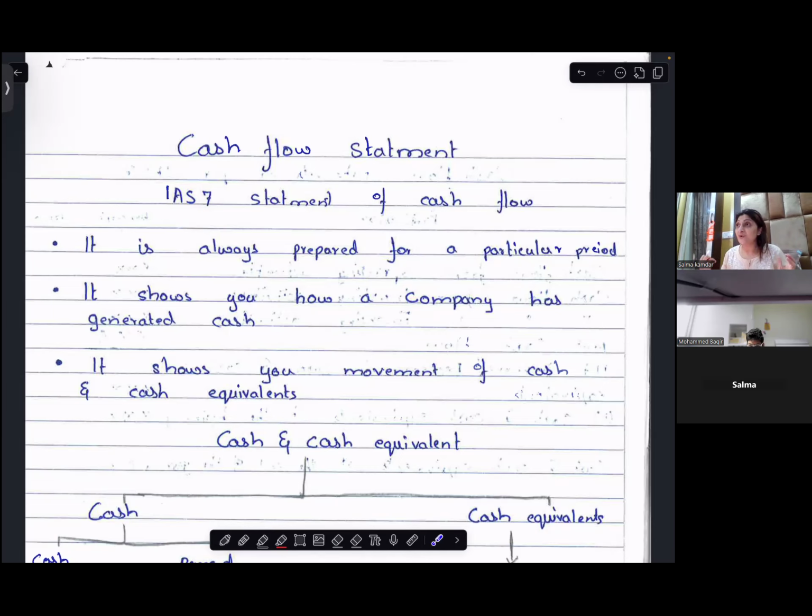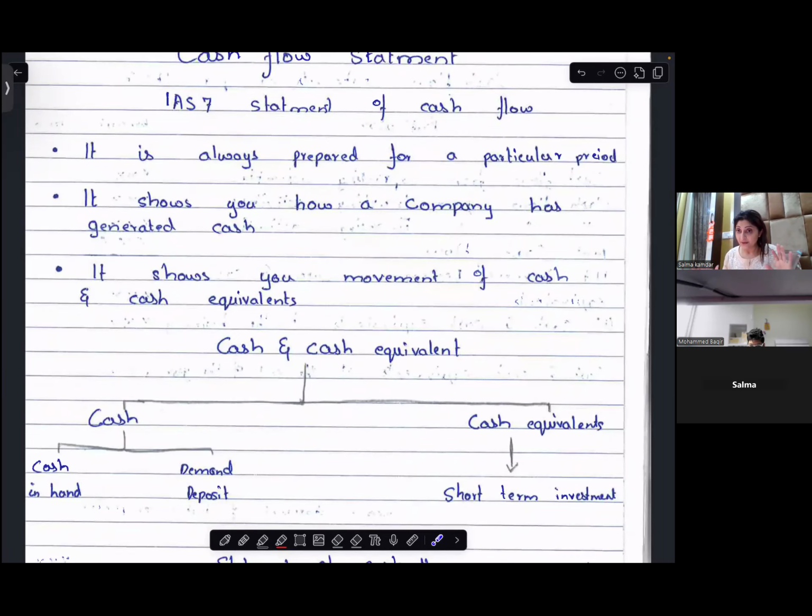Some examples of non-cash expenses are depreciation, goodwill written off, patents written off. You add back. Why do you add back? Because you had removed them, now you need to add them back. So anything that is dealing with non-cash does not come in the cash flow statement.